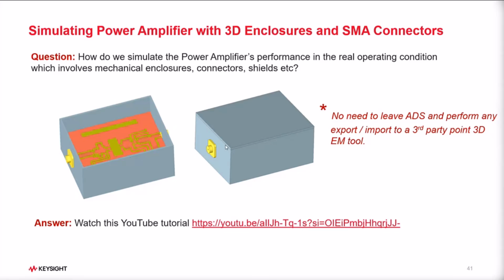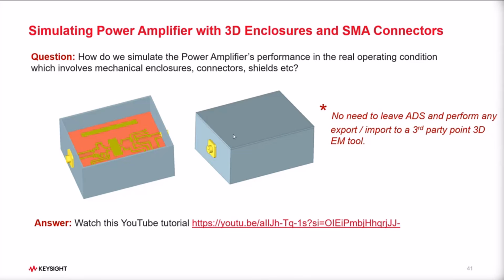If you use CST or any other tool, you can, of course, export a SAT file and then use that in ADS. So there are multiple ways to do that, and everything nicely works under a single ecosystem without you having to leave ADS or do any export import to a third party.